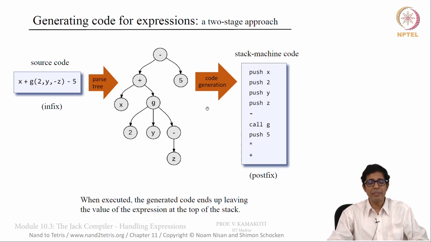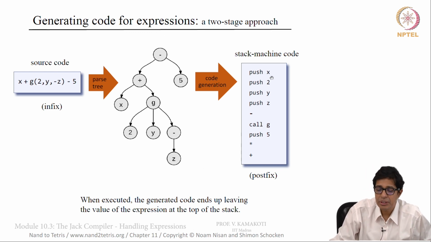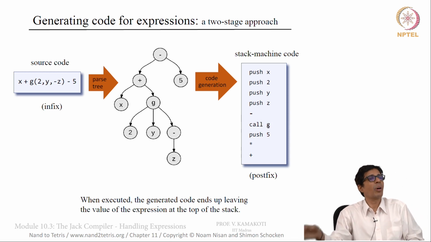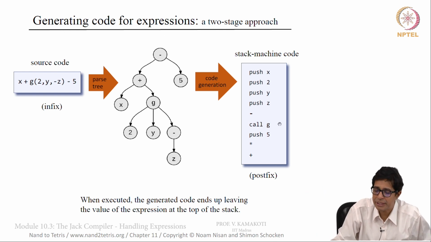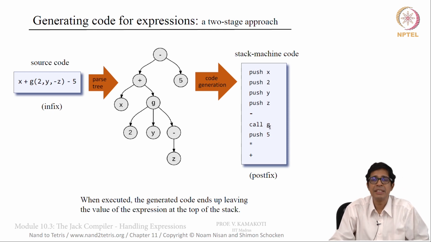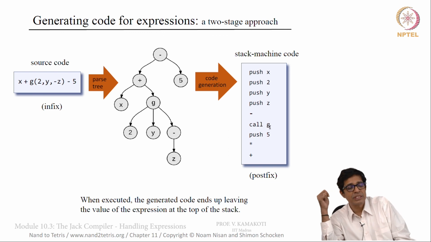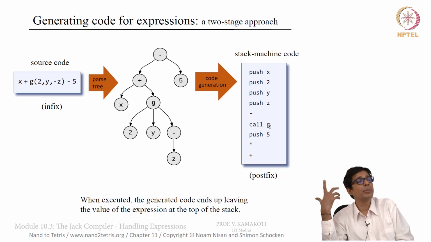When I want to evaluate this, I push x, then push 2, push y, push z, then negate z, then call g. When I am calling a function, I assume that all the arguments for that function are already on the stack, which is now 2, y, z, and I say call g. Once call g completes, the result of g of 2 comma y comma minus z will be on the stack.